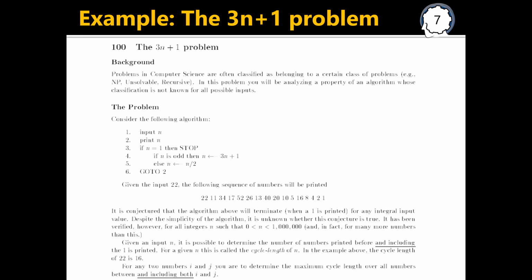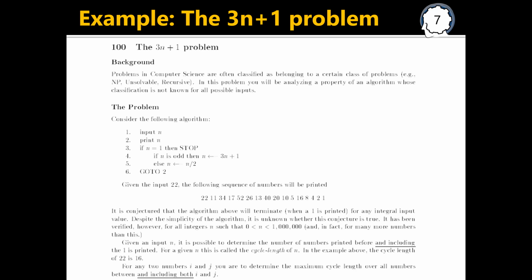If n is odd, then you replace n with 3n+1. If n is even, you divide it by 2. Then you iterate this process over and over, and for a particular input number you get a sequence of numbers. For example, for 22, since it's even, we divide it by 2, we get 11. Now it's odd, we multiply by 3 and add 1, and so on and so forth. And then we get the sequence.